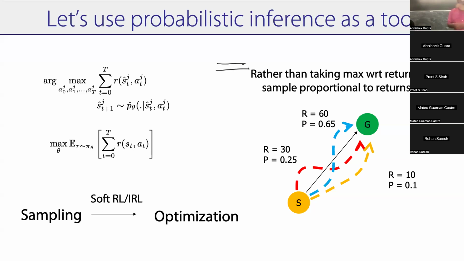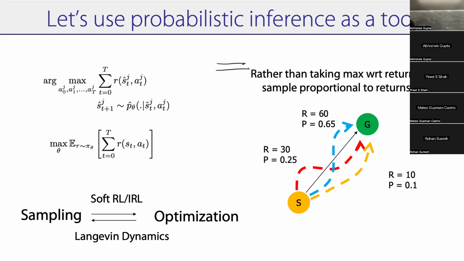Yeah, that's exactly right. Okay, so I think sampling and optimization have lots of deep connections, right? So what we're trying to do is go from optimization to sampling or sampling to optimization. For instance, Langevin dynamics gives us a way to take optimization and use it for sampling. And what we're going to do in control as inference is try to use sampling and probabilistic inference as a tool for soft optimization, right?